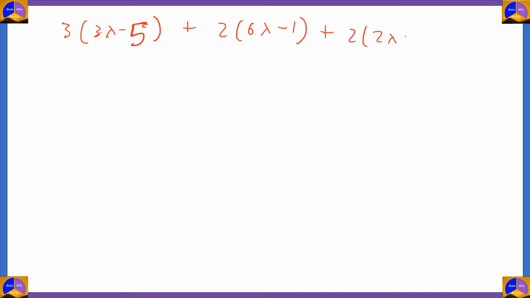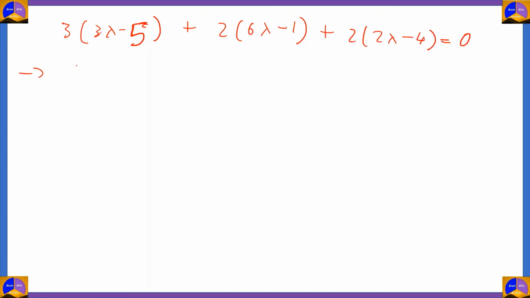Now let's put in the values of A, B, C, and capital A, capital B, capital C. Capital A is 3, small a is 3 lambda minus 5, plus capital B is 2, small b is 6 lambda minus 1, plus capital C is 2, small c is 2 lambda minus 4, and the whole of that is equal to 0.